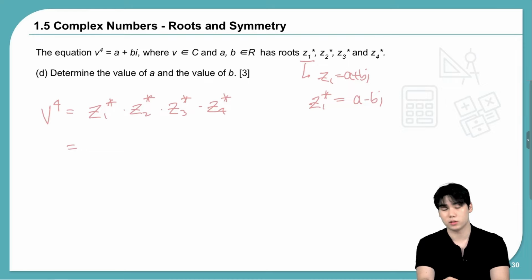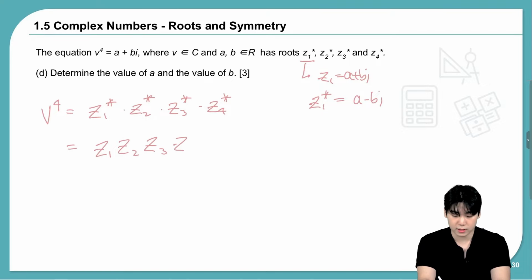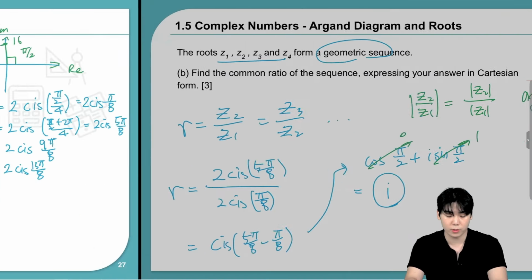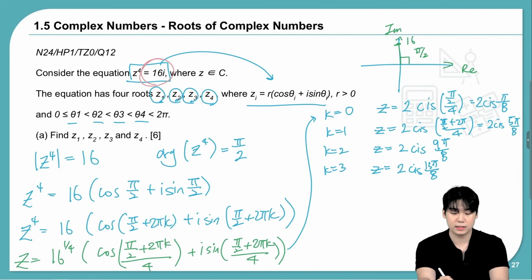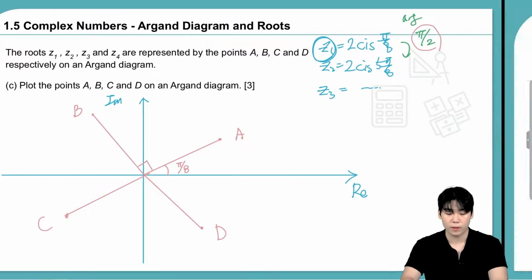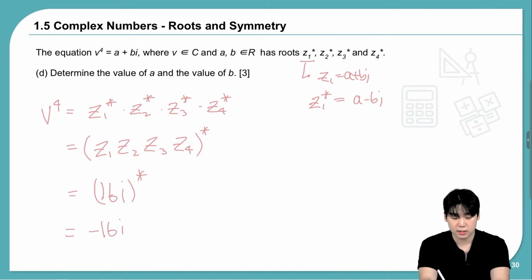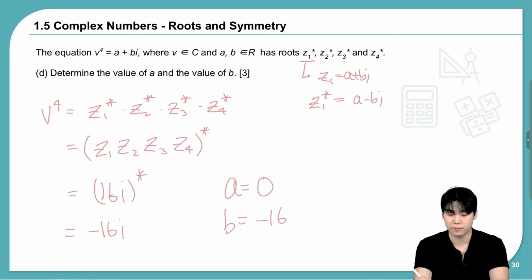Okay, I'm going to take all the stars out: z1, z2, z3, and z4, star. Well, what was z1, z2, z3, z4? It was from before. If you remember, it was 16i, wasn't it? So, we're basically asked to find the conjugate of 16i, which is minus 16i. Hence, the value of a is equal to 0 and b is equal to minus 16. Okay?